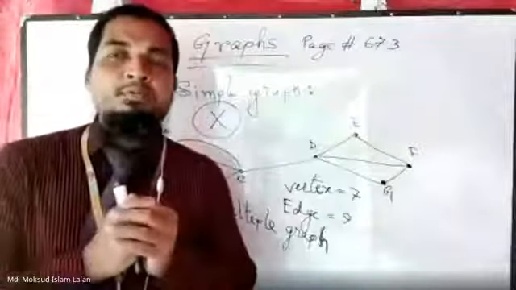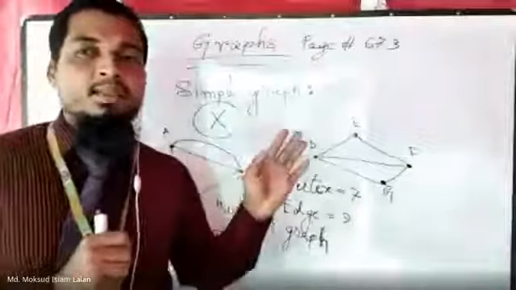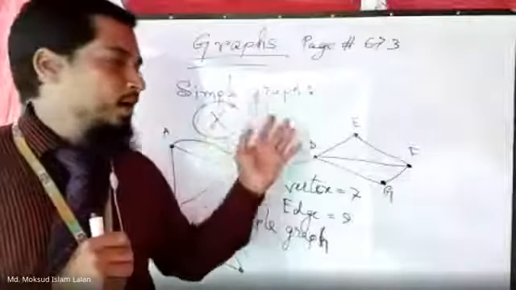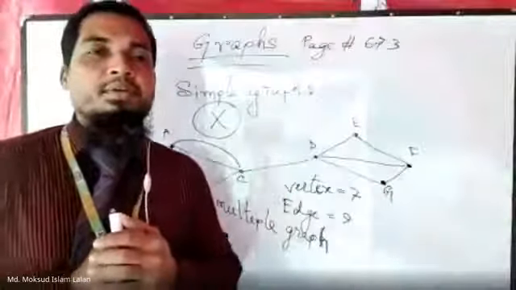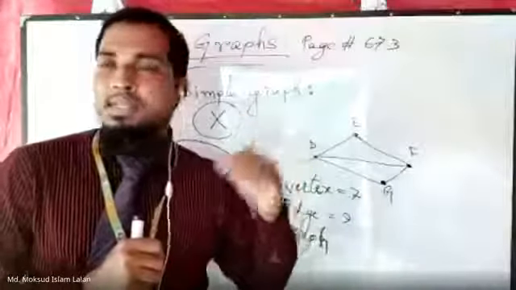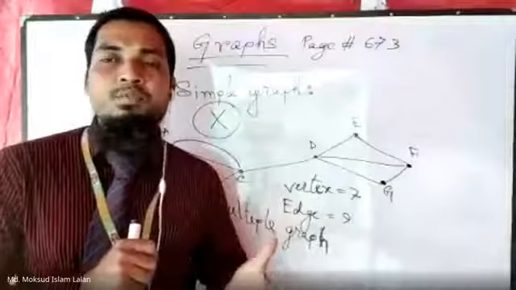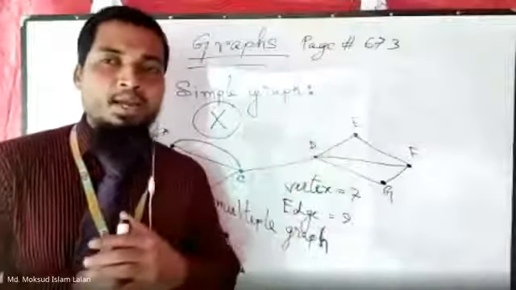A graph is a relation between vertices and edges. Next, finite graph and infinite graph. If we can count how many vertices and edges are present, that is called finite. If counting is not possible, then you can say infinite graph.